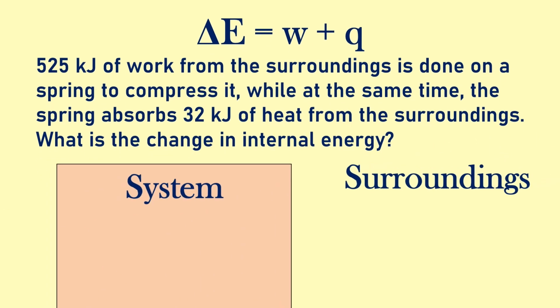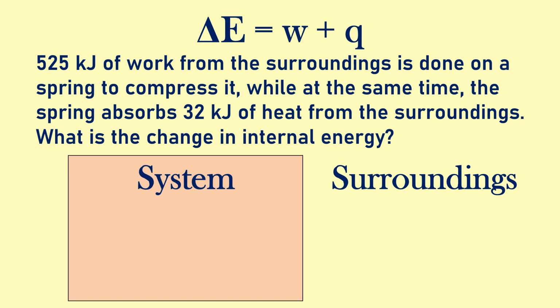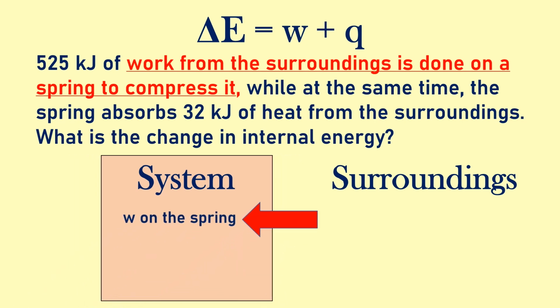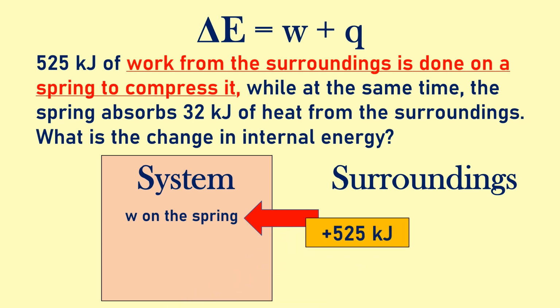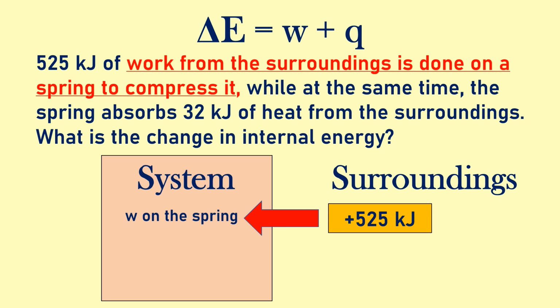Again, let's use our diagram to help us. Try reading the problem without the data. Work from the surroundings is done on a spring to compress it. You can think of work going from the surroundings into the system. The surroundings is compressing the spring. In this example, 525 kilojoules of work is done on the spring. Note the positive sign in front of 525 kilojoules.